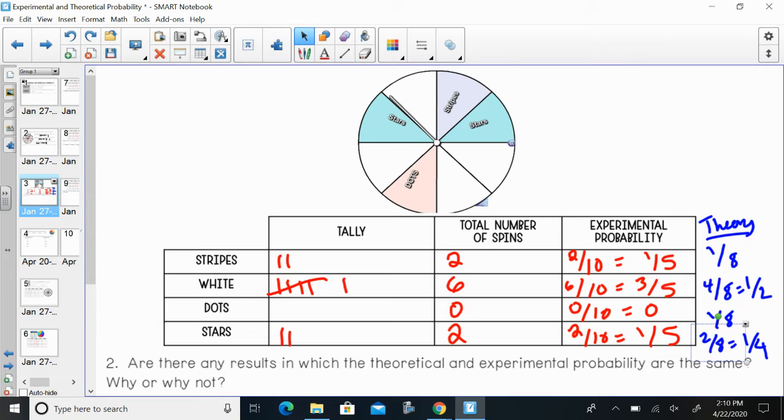So that's one example. But secondly, the number of trials is really low. Doing something 10 times is not a lot. So the more trials you have, the closer you'll get to your theoretical probability. If you only try something a few times in your experiment, then you don't get great results.